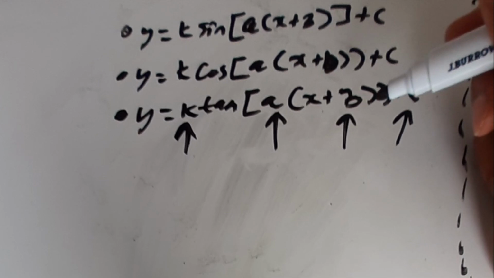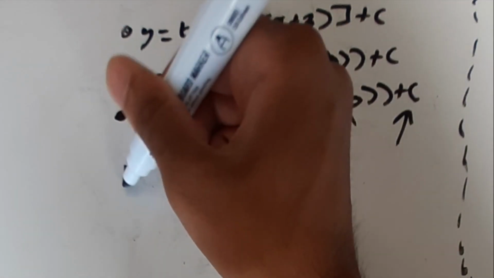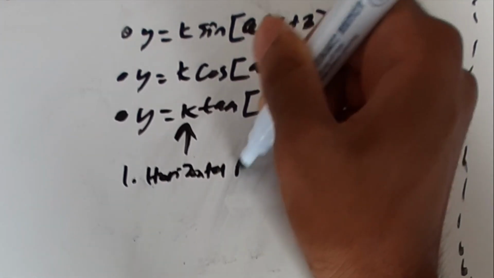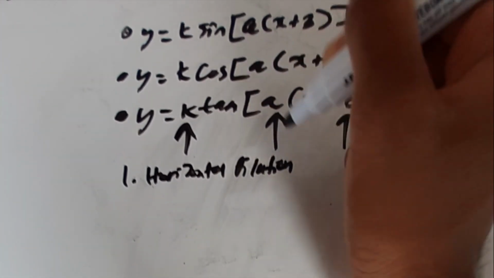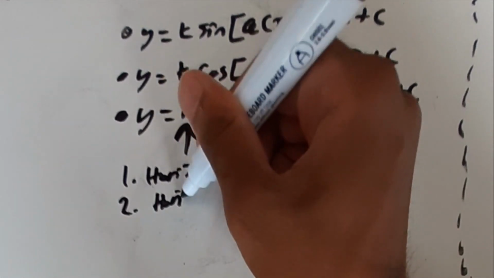It is important to know that the order to perform the transformations is important. Firstly, we must perform the horizontal dilation. Then, the horizontal translation.